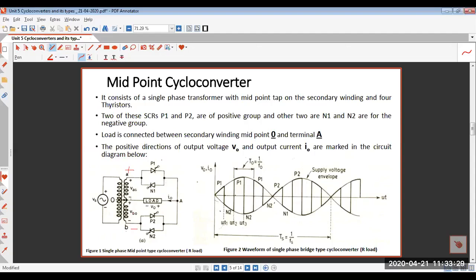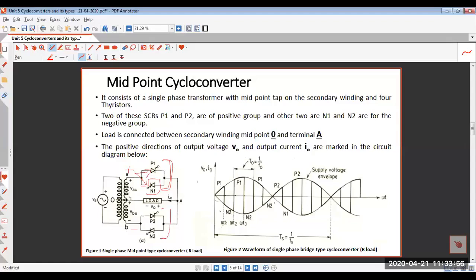in this particular pair of SCRs, P1 and N1, among these two SCRs, P1 is forward biased, and N1 is reverse biased because the cathode of N1 is connected to the positive supply and P1 is forward biased because the anode of P1 is connected to positive supply.